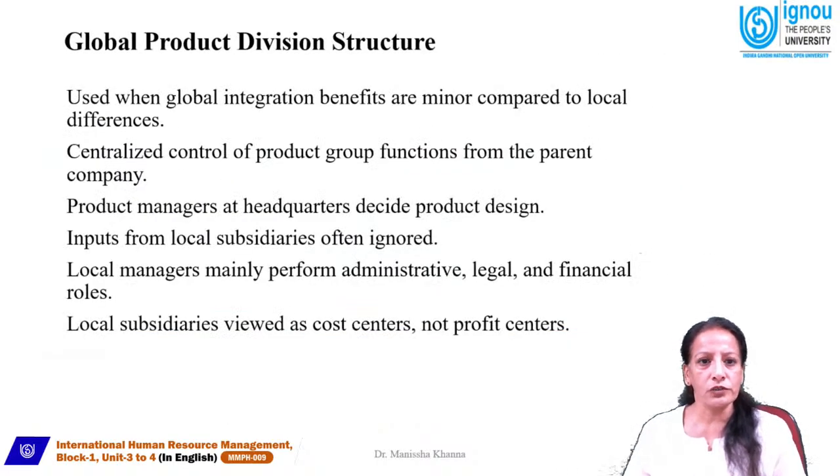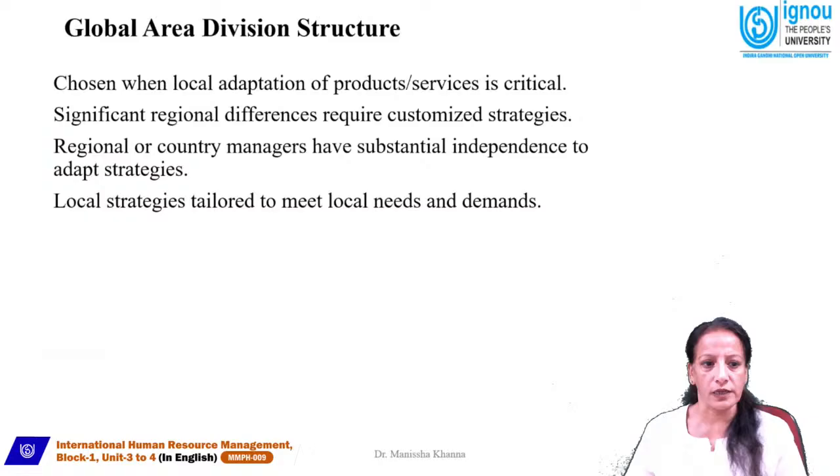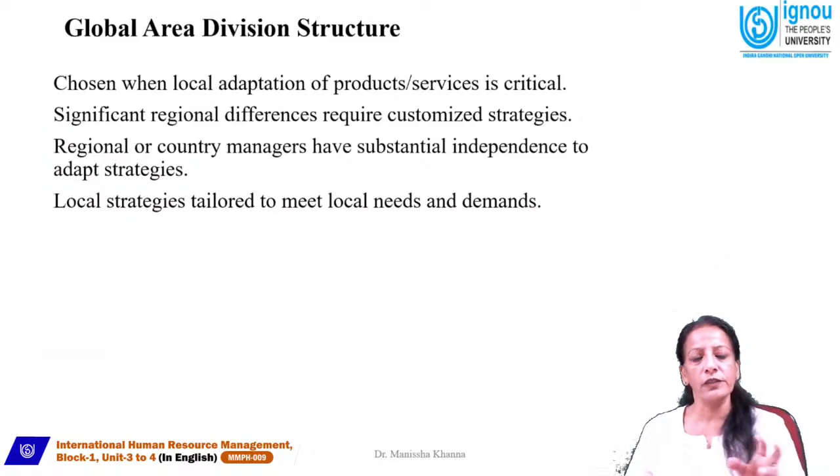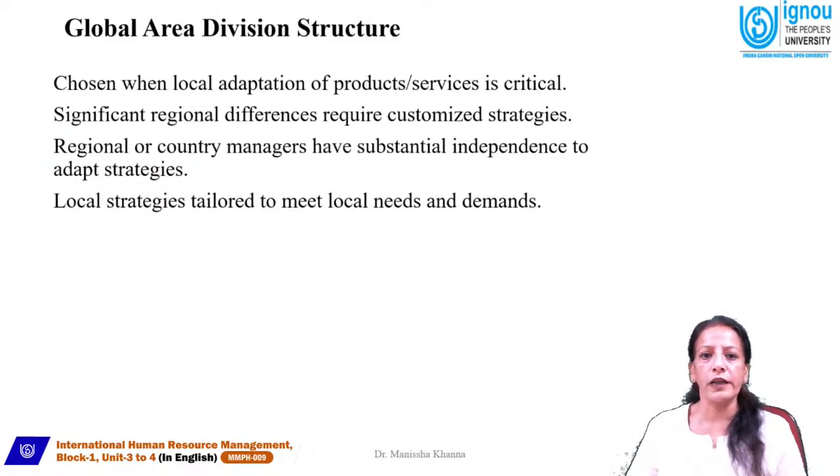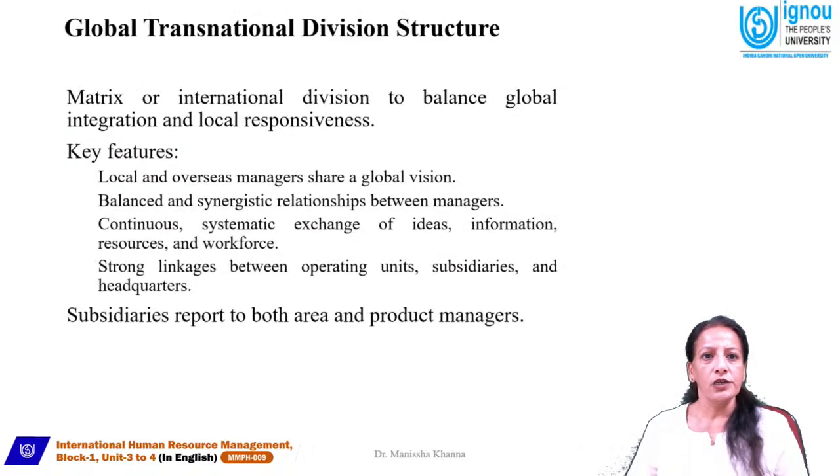Product division structure is centralized control of the product group function from the parent company, where the product managers at headquarters decide the product design. Area division is chosen when local adaptation of products and services is critical. Regional or country managers have substantial independence to adopt strategies.